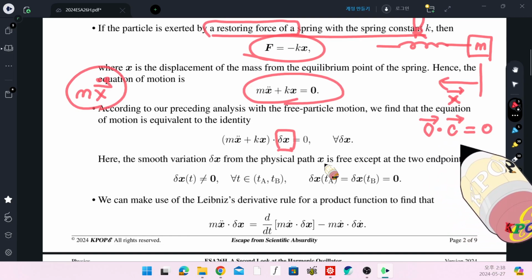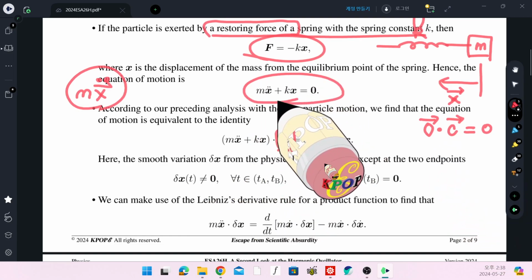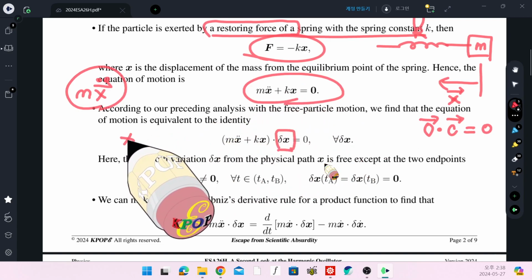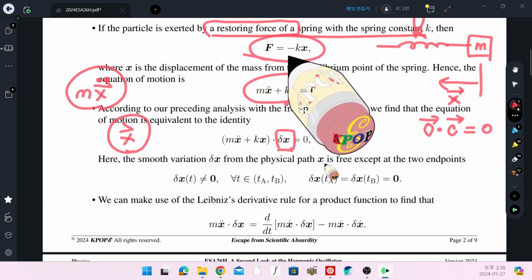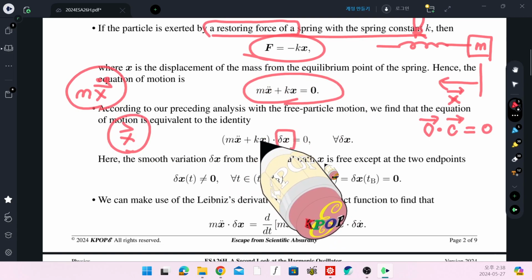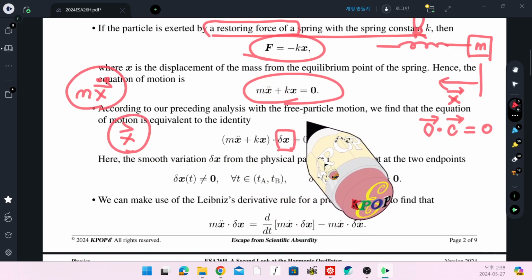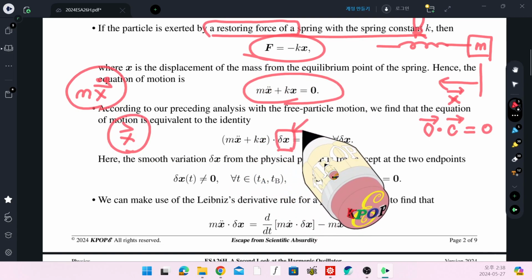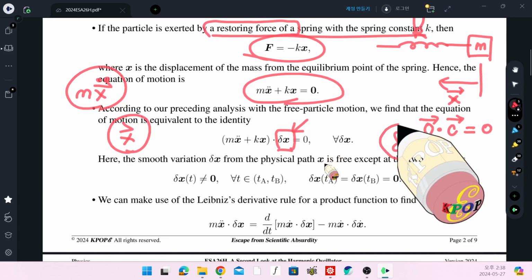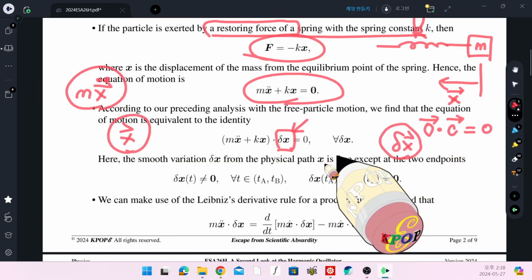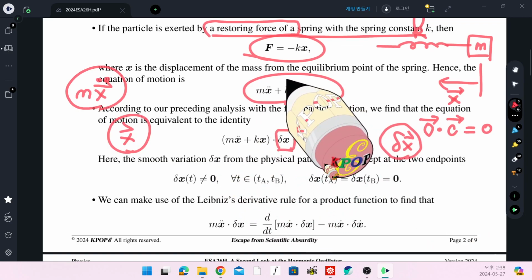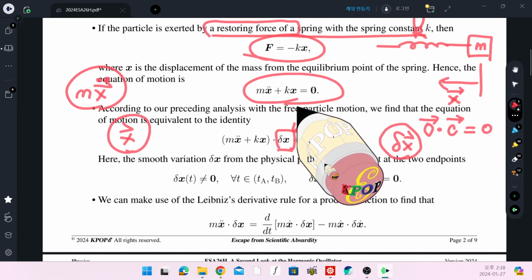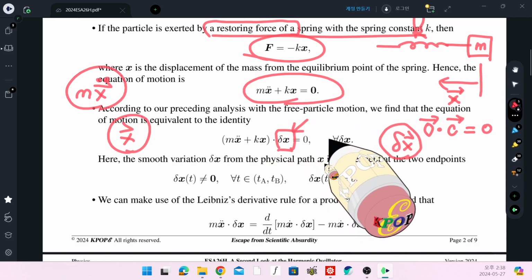Just like that, whatever x you may bring in, as long as x is satisfied by the equation of motion, the scalar product with the arbitrary vector, this delta x, which is an arbitrary vector at the moment, with the left-hand side of the equation of motion vanishes always.